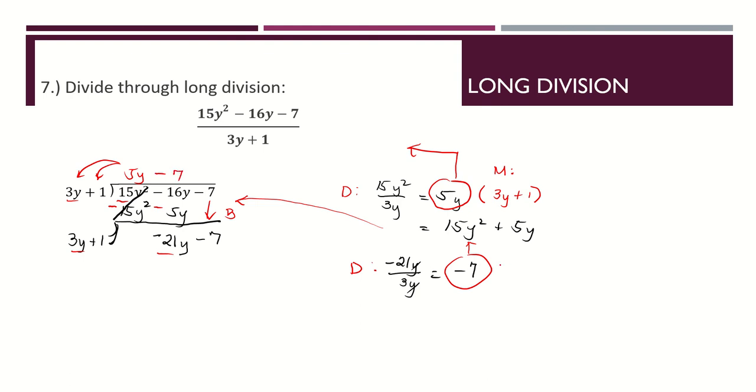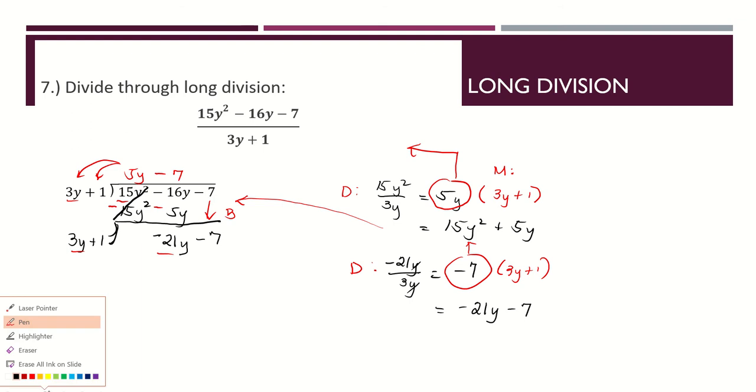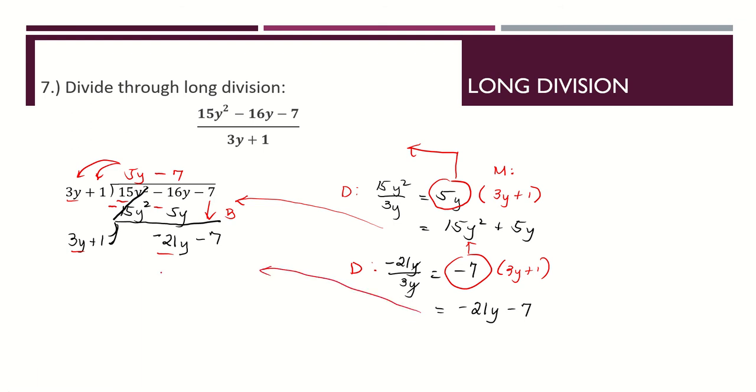So, negative 7 will be multiplied by 3y plus 1. Therefore, ang susulat natin sa baba ay negative 21y, and negative 7 times 1 is negative 7. No, so, syempre, bago mo siya isulat sa baba, dapat i-change mo na ng sign. From negative, magiging positive na to. Negative din, magiging positive din.